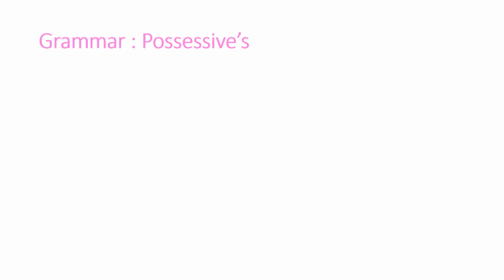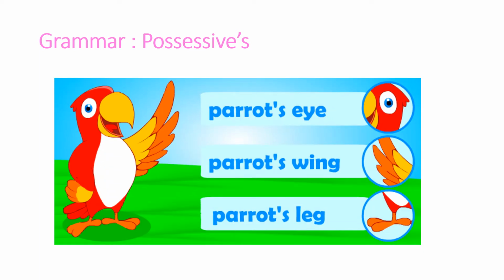Okay, this is for our grammar today. It is about possessives. So what is possessive? Let's look at an example first, and then I will tell you what possessives are. Can you see here, parrot's eye and parrot's wing, parrot's neck, parrot's leg.